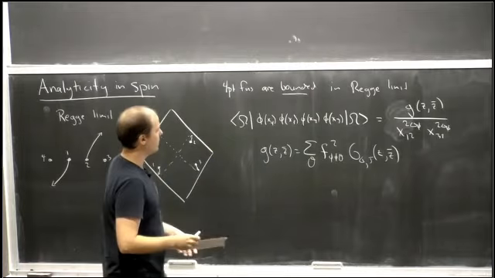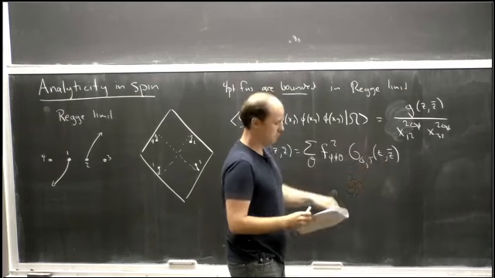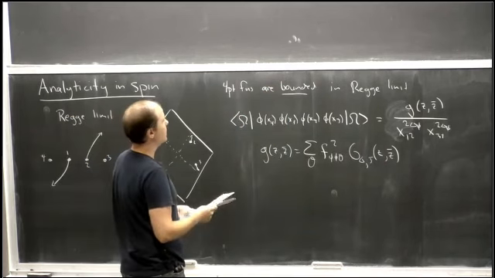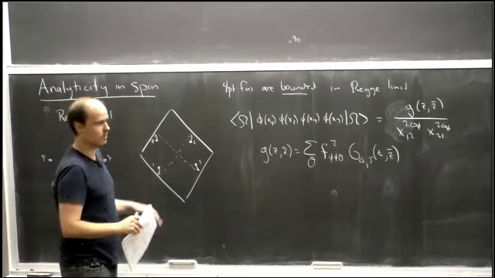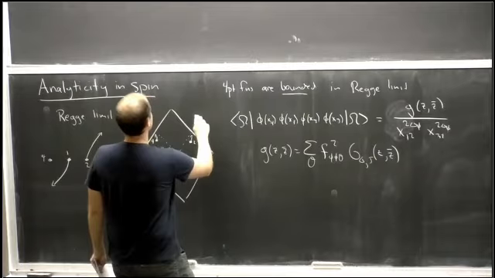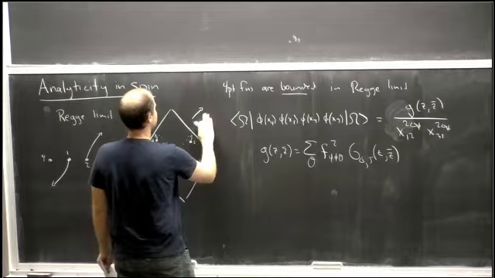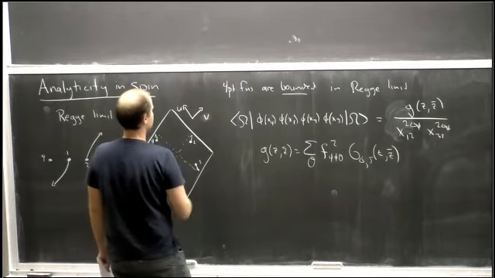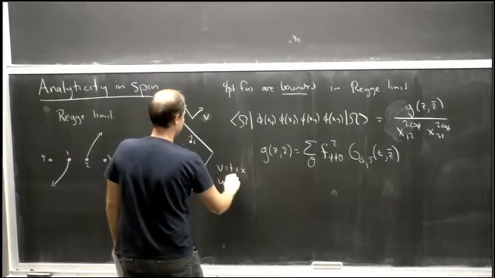The conformal block depends on the dimension delta of O and the spin j of O and 2 cross ratios. So we can use conformal transformations to put all 4 operators on a 2-dimensional plane. Then I'm going to use light cone coordinates in this plane. So this is the v direction. This is the u direction. So v is t plus x. u is t minus x.